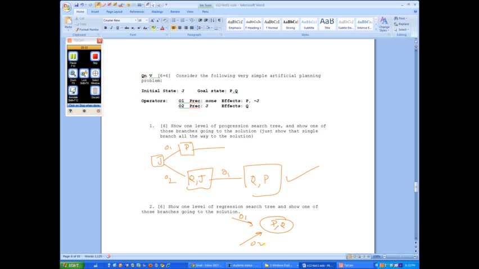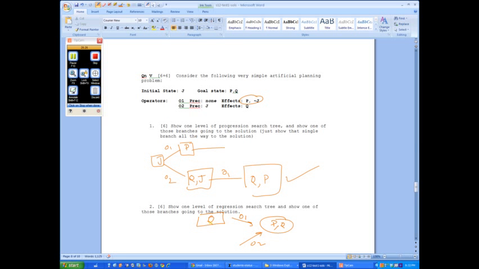Well, it is if its effects are not inconsistent with what you have here, and P is consistent with P and it doesn't say anything about Q, so O1 is fine. If O1 is there, then you no longer need P, so you still need to work on Q, and that's it, because O1 doesn't require any preconditions.